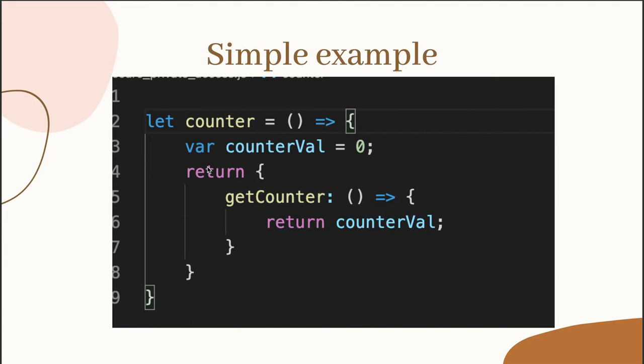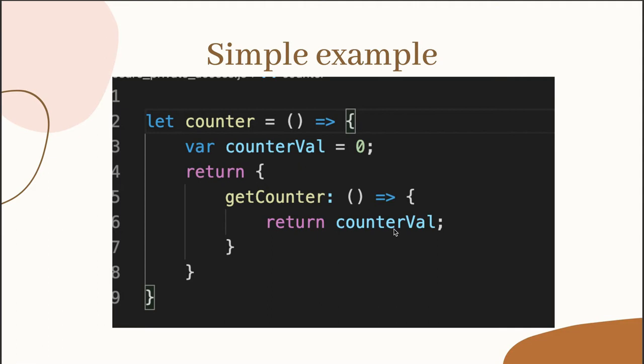From the outside of the counter function, you cannot access the variable counter val because it is local to the scope of the counter function. But if you want to get the value of the counter val, you can get it by calling the method get counter. Here it returns the counter value.